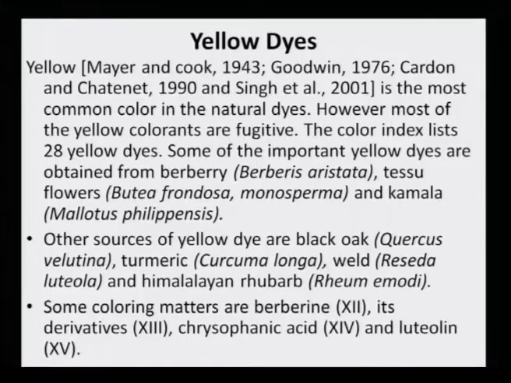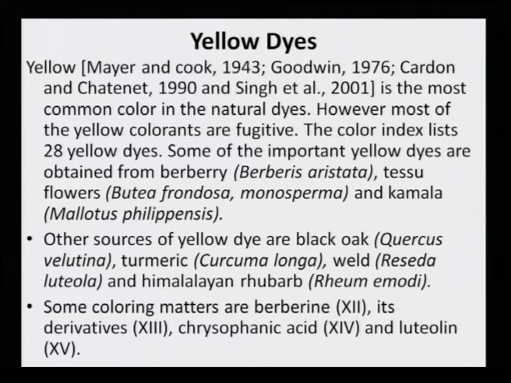Since most of the yellow colorants are fugitive, there is a big problem of which yellow dye to choose and which dye needs to be considered for yellow coloration of the fabric. The color index lists about 28 yellow dyes. Some of the most important yellow dyes are obtained from berberry, that is Berberis aristata, tesu flowers.